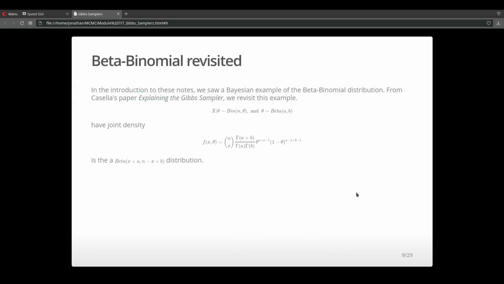So let's visit our old friend Beta-Binomial. Let's say we wanted to sample from the conditional distribution of x and the conditional distribution of theta. Well, we could simply apply the two-stage Gibbs sampler to solve this problem.